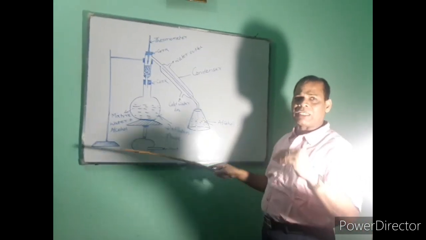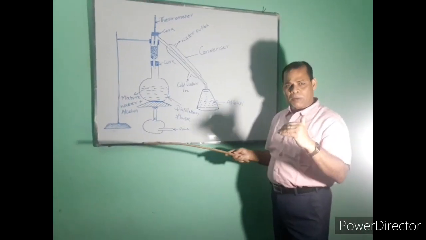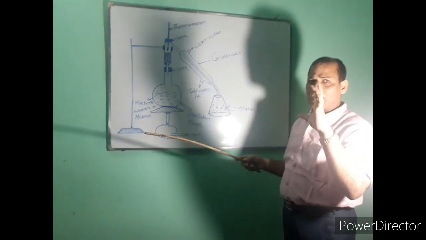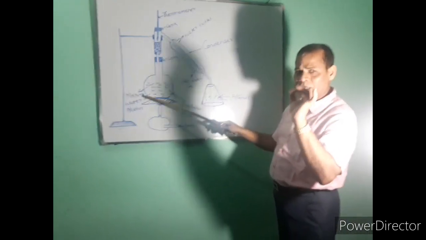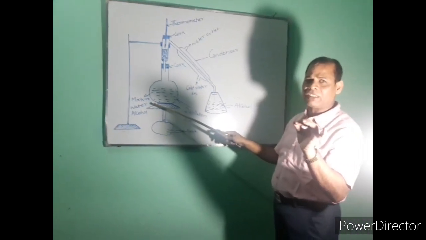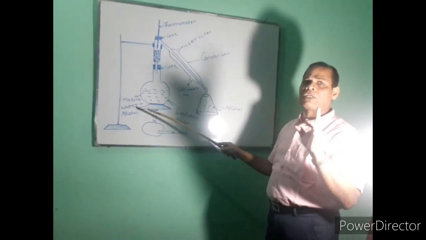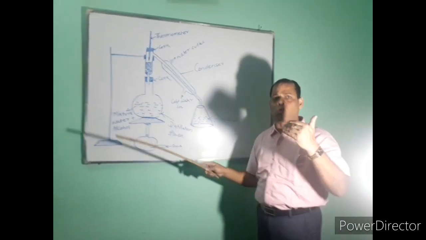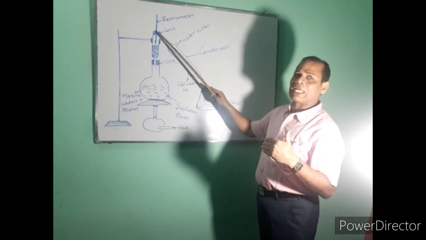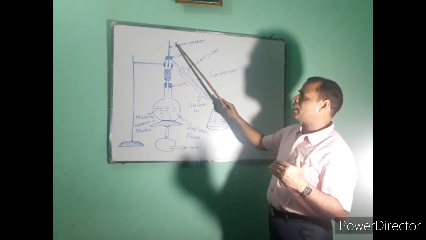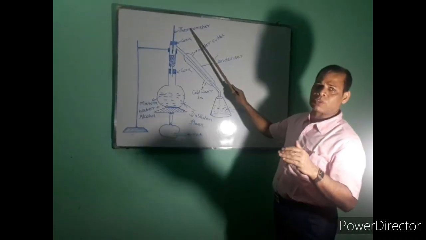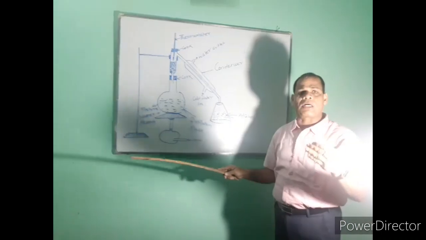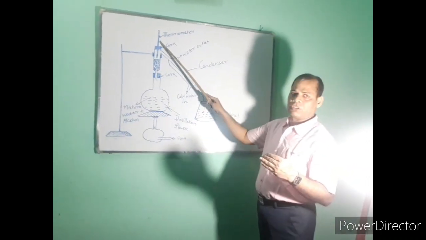When the temperature reaches 75 to 80 degrees, keep in mind that the temperature should be controlled. It should not go beyond 80 degrees Celsius. That's why a thermometer is fixed here, so that the temperature can be controlled by watching it.